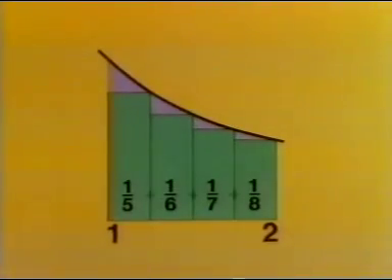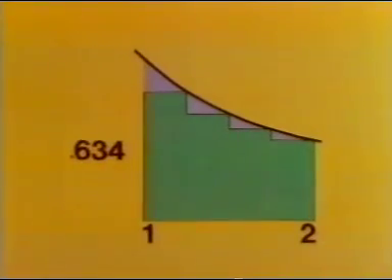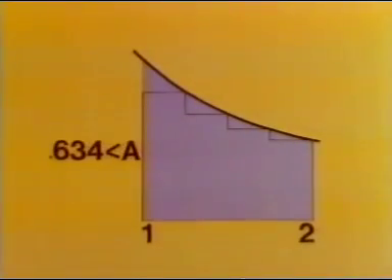So our underestimate is the sum of these, which works out to 3 decimal places as 0.634. So we know that the area we want is greater than 0.634.